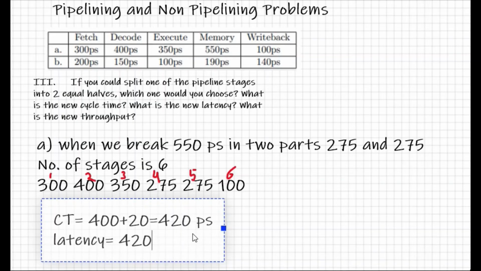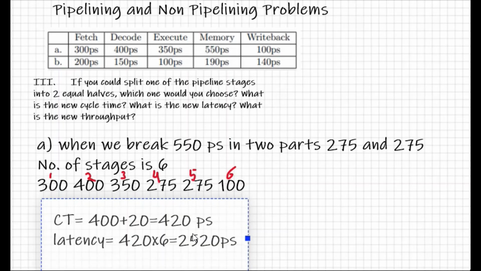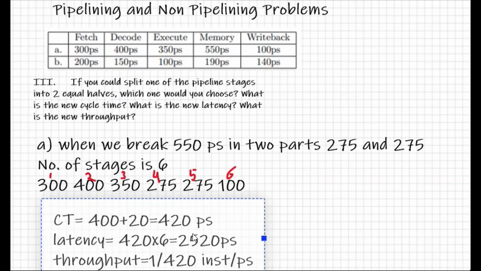So 420, now the stages are 6. Okay, don't write 5. So it will become 420 multiplied with 6, and it will become 2520 picosecond. Okay, throughput is equal to 1 upon 420 instruction per picosecond. Okay, for part A.